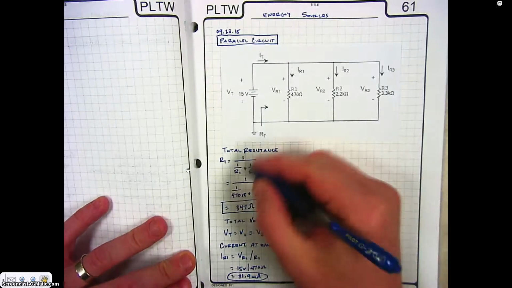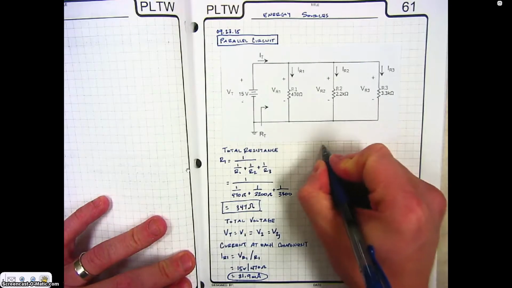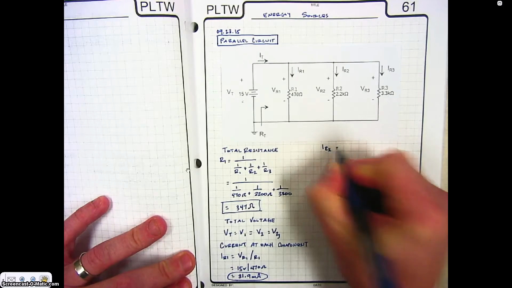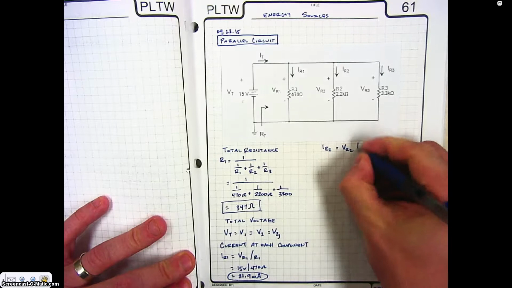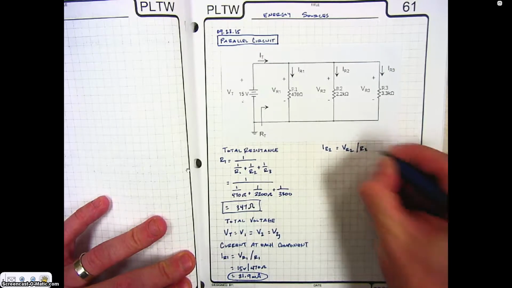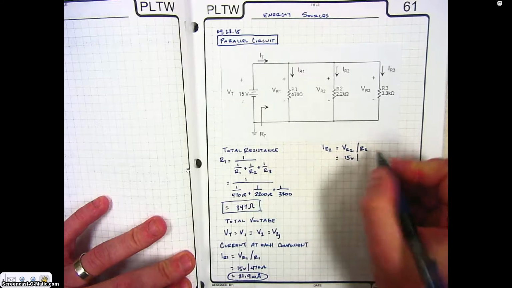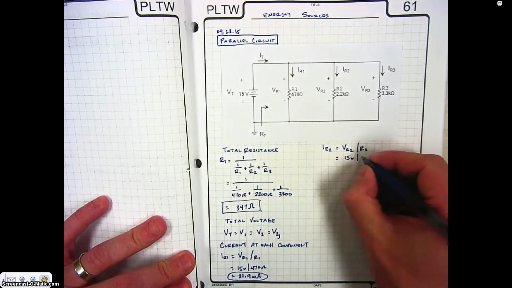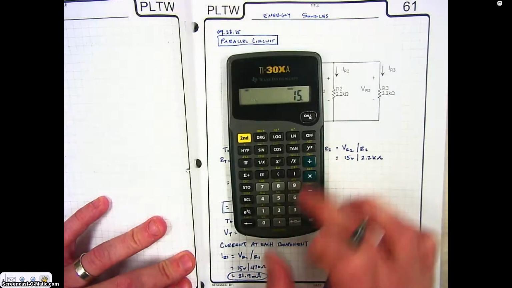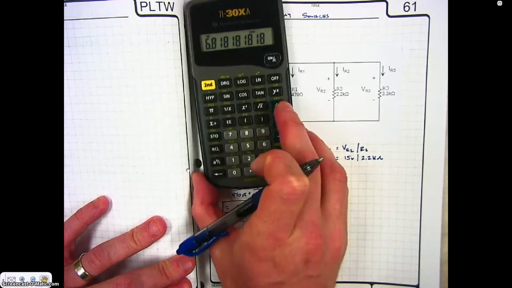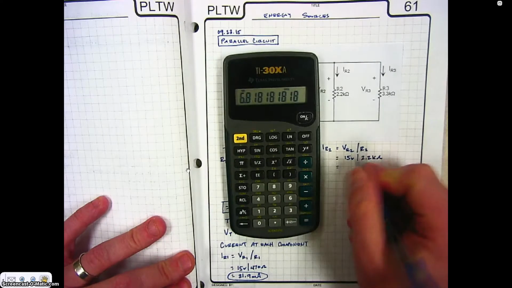Alright, we'll go ahead and continue our current calculations up here. The current at resistor 2 is equal to the voltage at resistor 2 divided by the resistance of 2. Plug in our numbers. 15 was our voltage. The resistance at 2 was 2.2 k ohms. 15 divided by 2.2, and we get 6.8, and because we're in kilo ohms, it's already in our standard unit of milliamps.